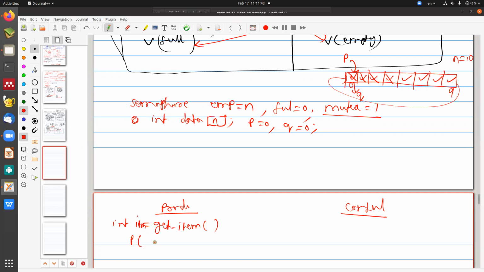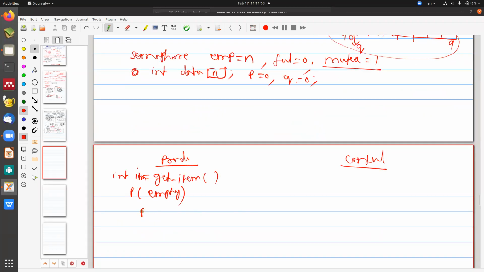For that you make a P of empty, whatever code you wrote in the last class. Then you make a P of mutex, then a V of mutex, and inside this you have to keep the data.